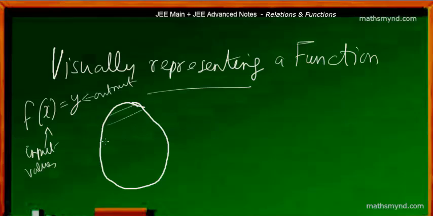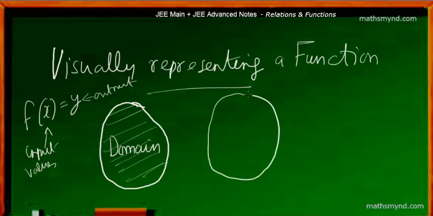And we know that all the input values would be coming in the domain, and naturally those values which are coming as outputs, all the values, would be coming in the range. And the interesting part is that range would be coming inside the codomain.